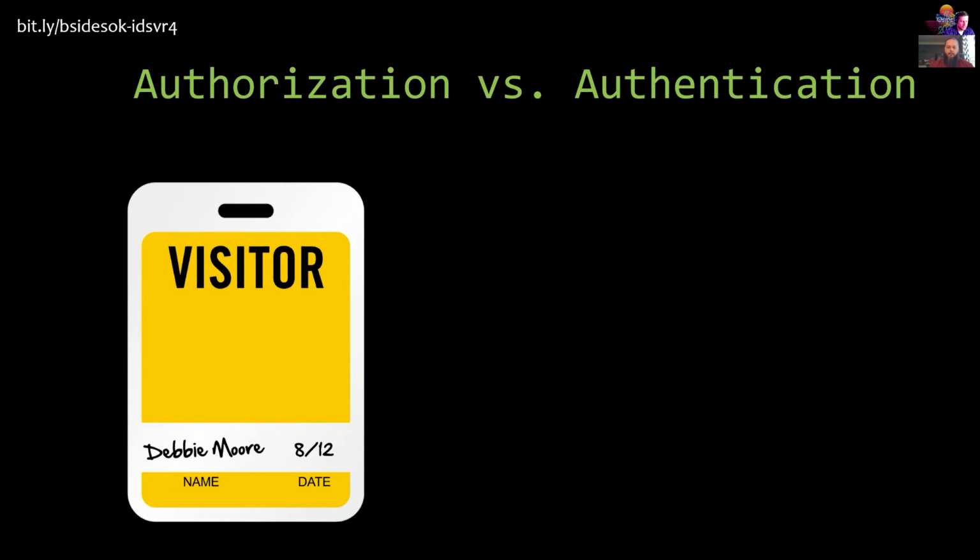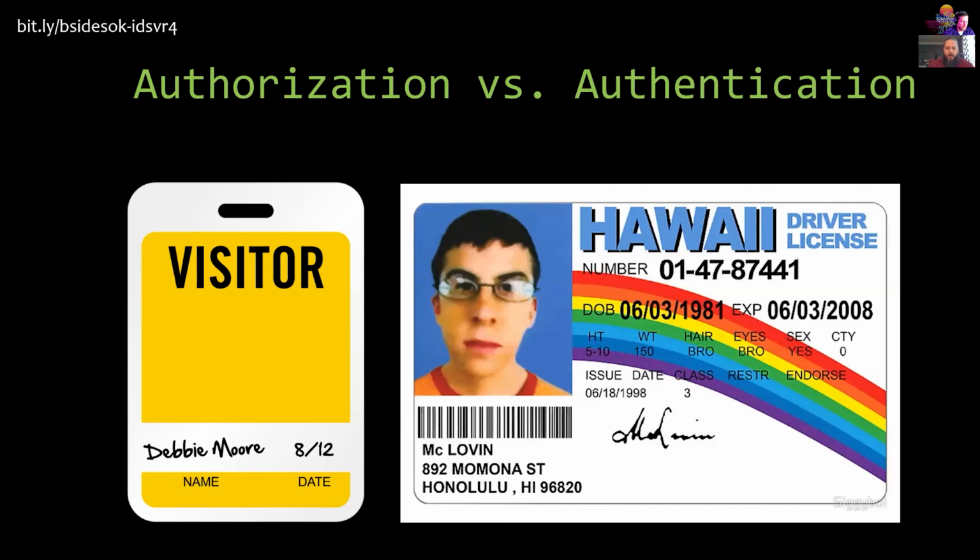You're authorized to go into the building, be chaperoned, and use the facilities, like a gym pass. Next, authentication: our driver's licenses, our passports. We've been authenticated in that we've proven who we are and what we know, pieces of identification about ourselves. So it's a little more in detail. It's a good concept to keep in mind between the two.